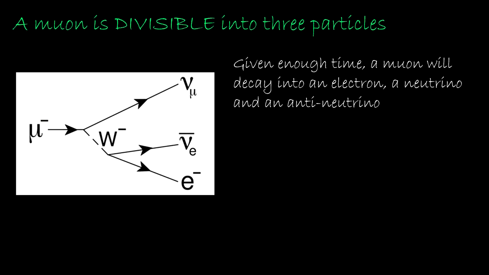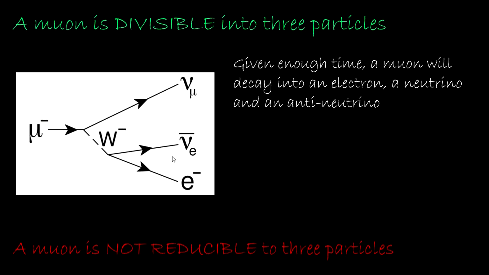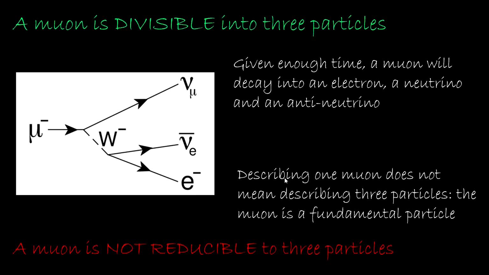So we can say that a muon is divisible into three particles. However, the muon is not reducible to the three particles. Giving the state of a muon is not the same as giving the state of an electron, a neutrino, and an antineutrino. A muon is a fundamental particle, much like the electron and the neutrino. It is not secretly made of other particles. So the muon is divisible, but not reducible.